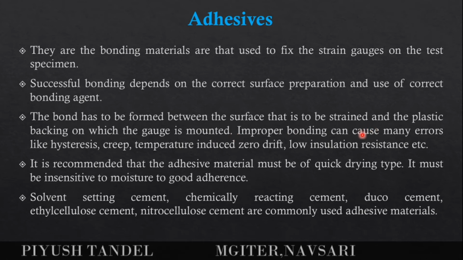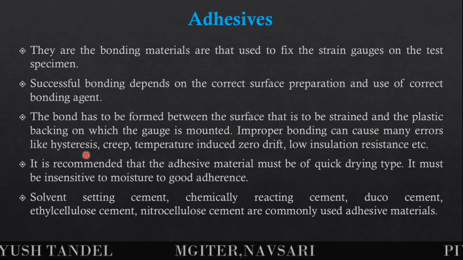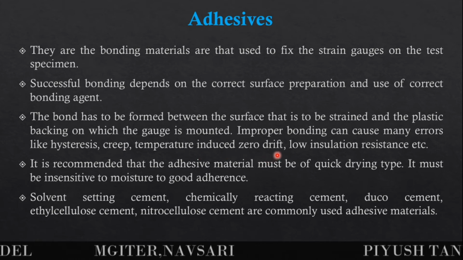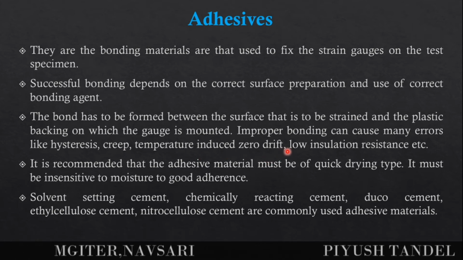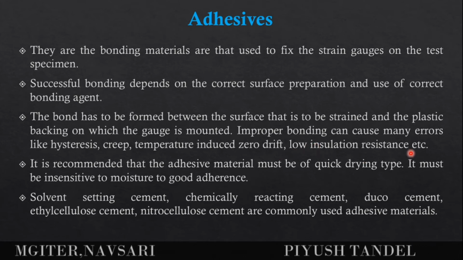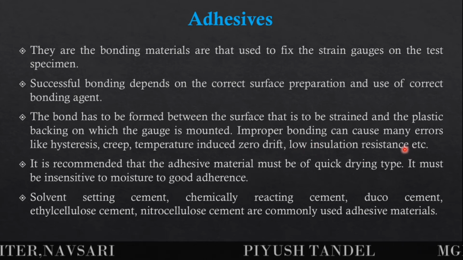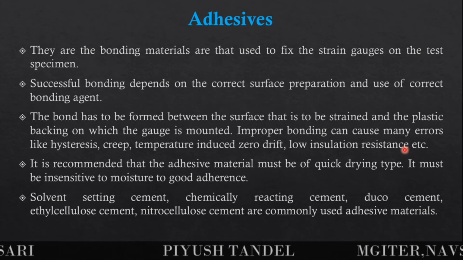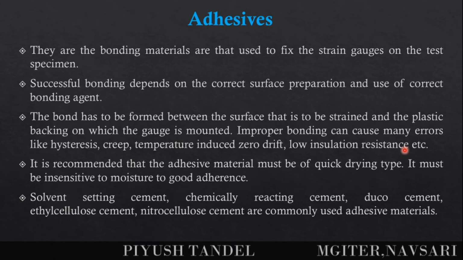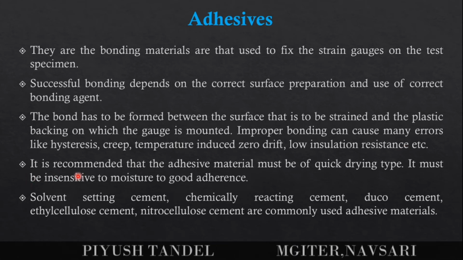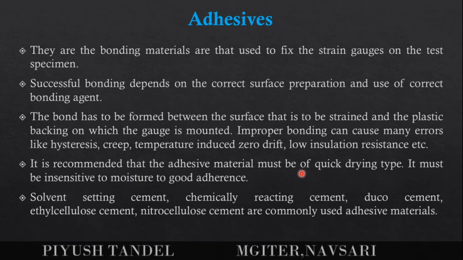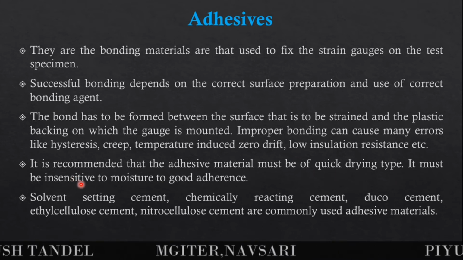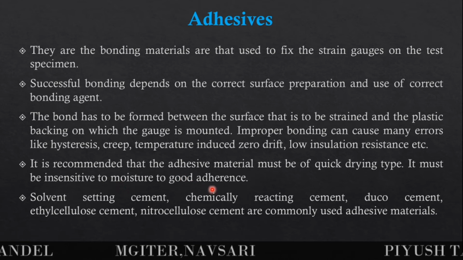Improper bonding can cause many errors like hysteresis, creep, temperature-induced zero drift, then drifting error can also be introduced in our instrumentation, low insulation resistance, etc. Different types of errors are going to be there if bonding is not proper between the backing material and the strain material. It is recommended that the adhesive material must be of quick drying type, insensitive to moisture and have good adherence.